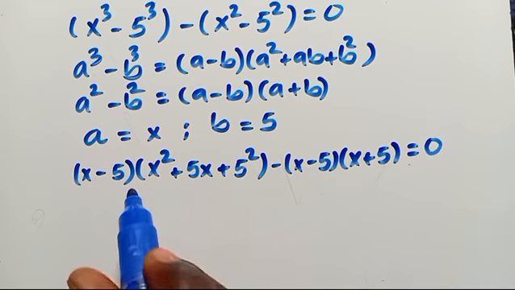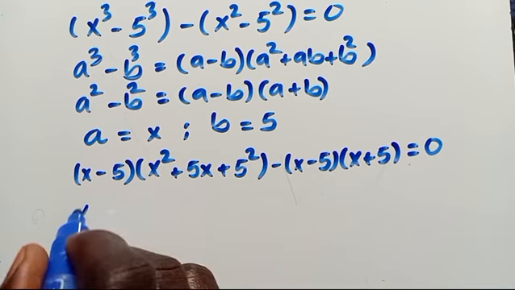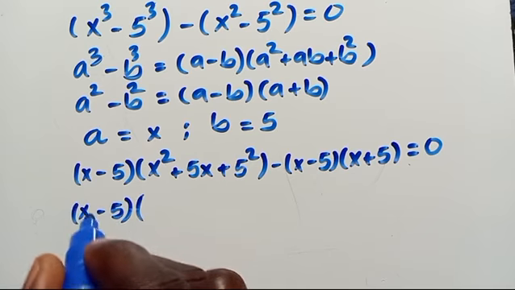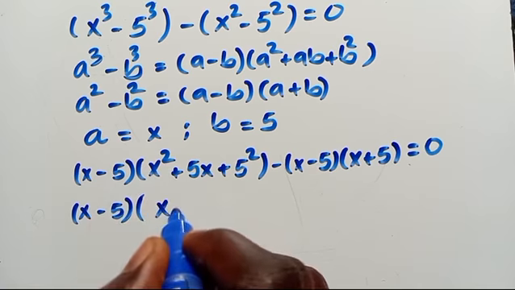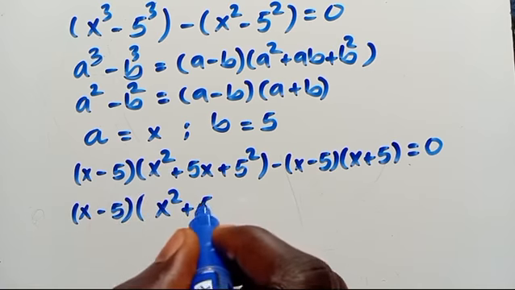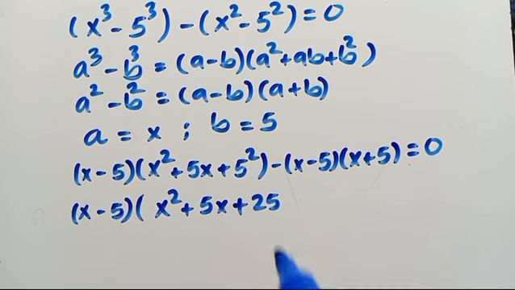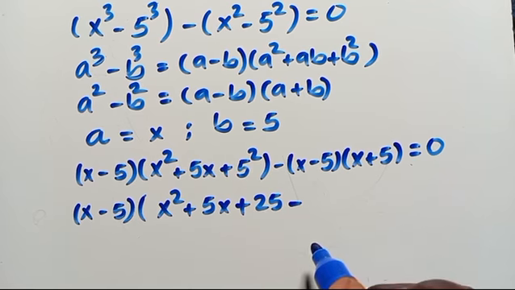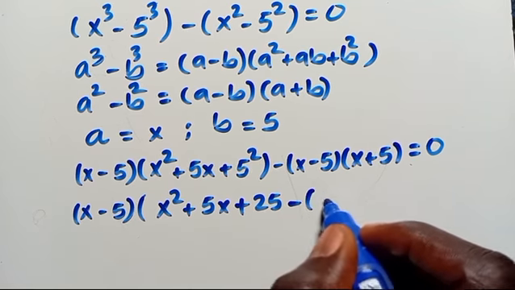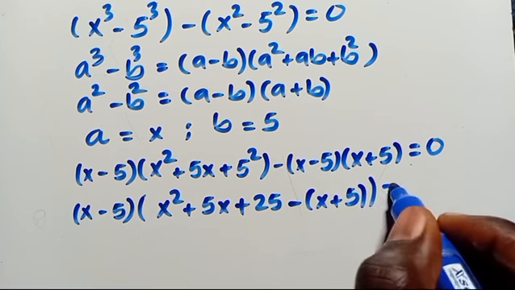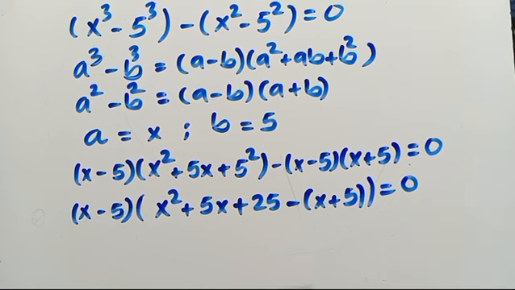Now x minus 5 is common. We can factor it out to be x minus 5. Open parenthesis, this divided by this will be x squared plus 5x plus 25. Then minus, open parenthesis, x plus 5 equals 0.